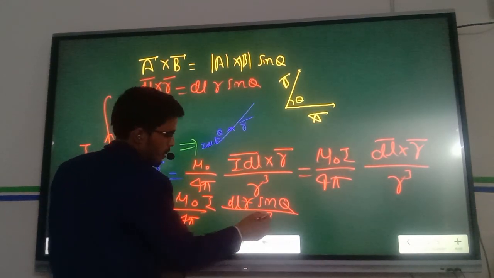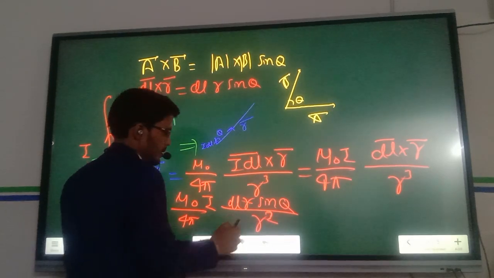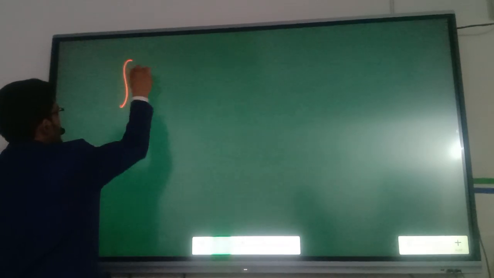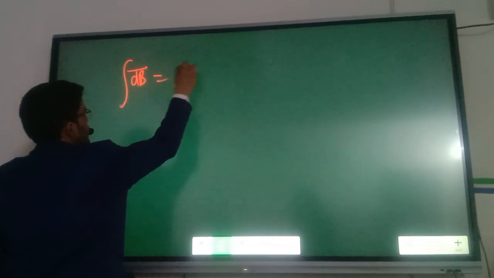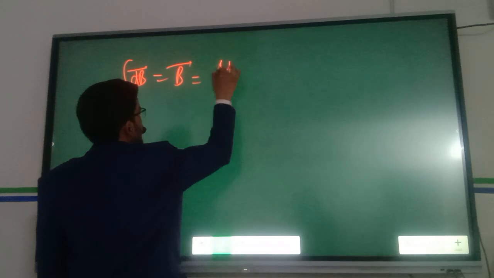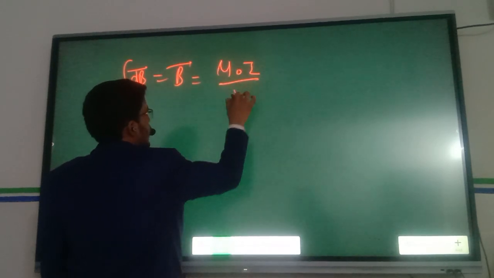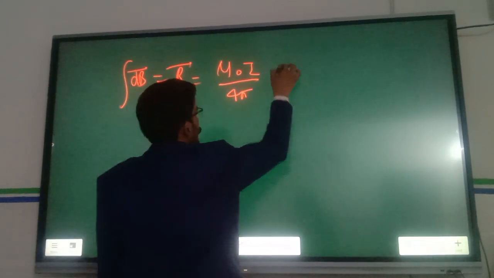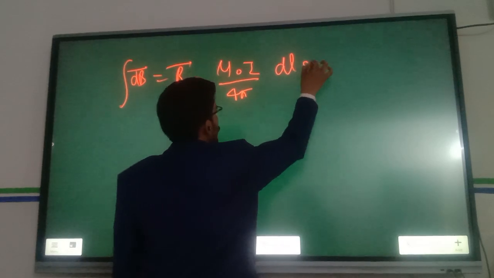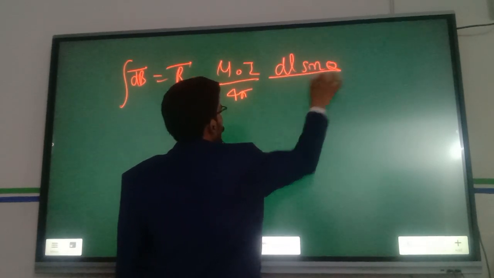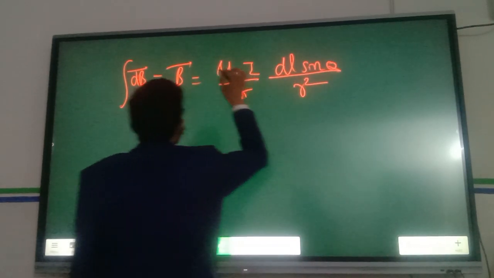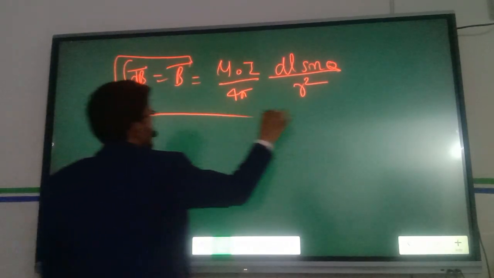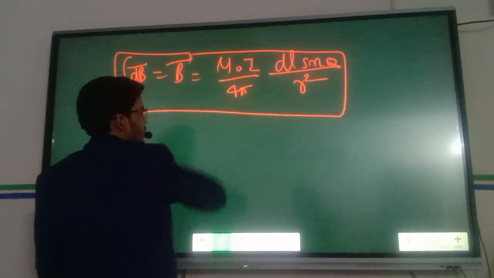Now one R is cancelled out, so here R square. So finally, the integration of dB equals mu naught I upon 4 pi dL sin theta upon R square. This is the general formula for calculating magnetic field.